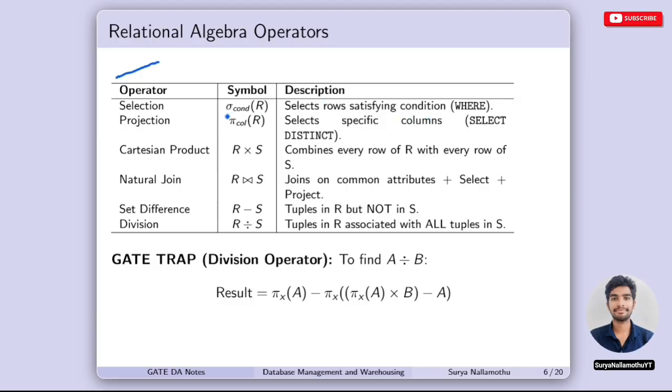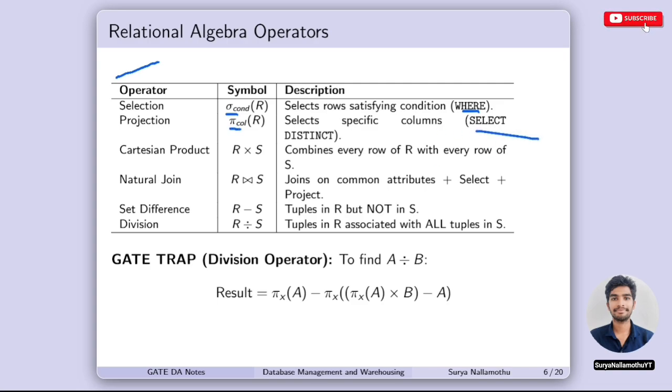So this symbol indicates select where, meaning selecting rows by applying this symbol. Projection means select distinct. This symbol is equal to this keyword. That is very important.